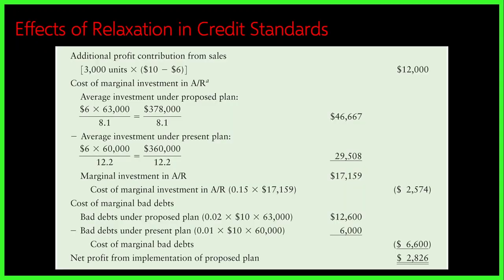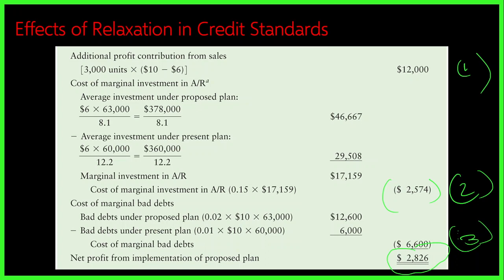If you try to put them together, if you remember, this is number 1. This one is number 2. Why is it deducted? Because this one is a cost. It will reduce your profits. Bad debts, number 3. This will also reduce your profits. And tada, you now have a positive 2,826.